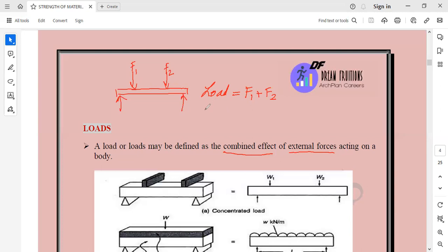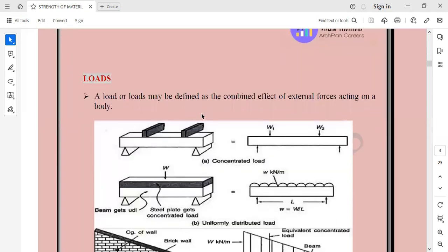In a nutshell, loads can be defined as the combined effect of all the forces that act on a particular body. So now we have understood what the load is. We will discuss the different types of loads.